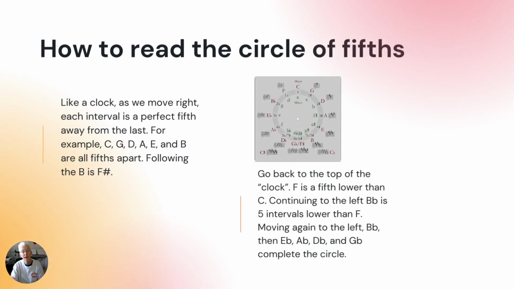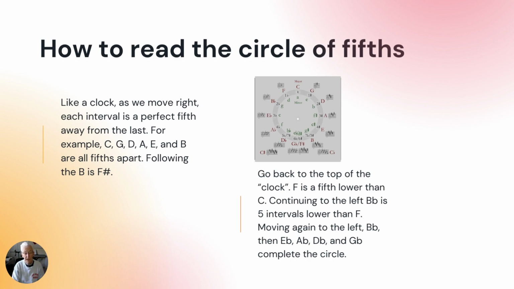And another thing it's helpful to know is how to read the circle of fifths. It might just look like a circle with a lot of symbols on it, but there's actually a fairly easy way to read it, and a clock is the easiest way. So if you start up at noon, top of the clock, and move right, each interval is a perfect fifth away from the last.